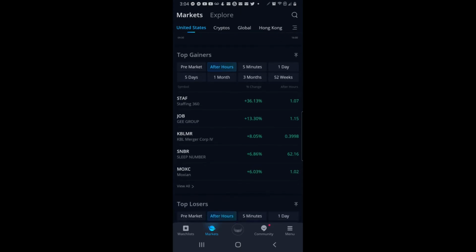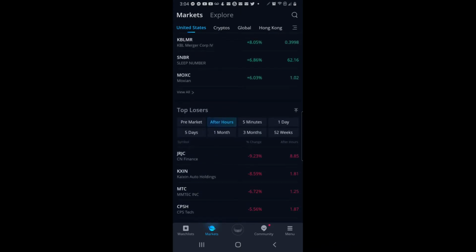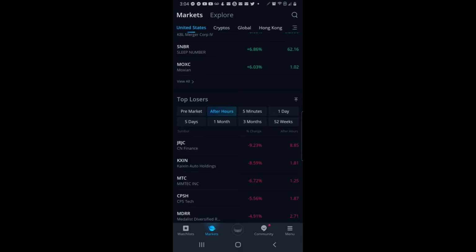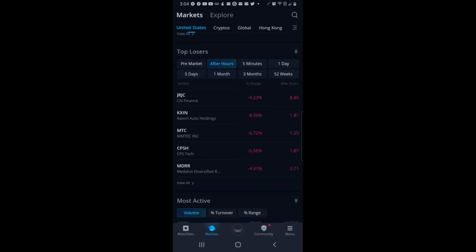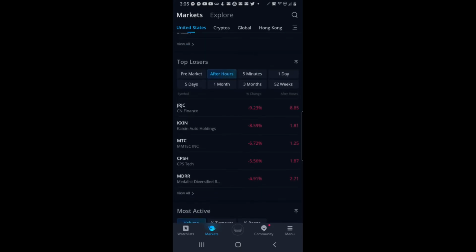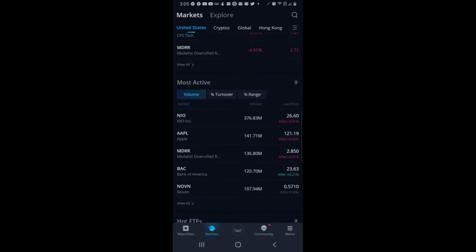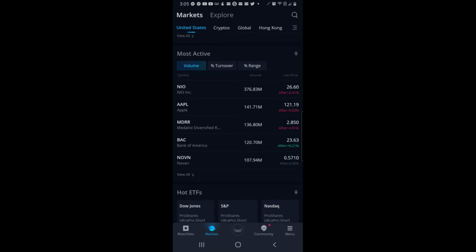Then you go down. It will show you the least active, the stocks that are losing a lot of money, and it will show you the most active. Those are the stocks that are getting a lot of volume, a lot of people buying shares in it.